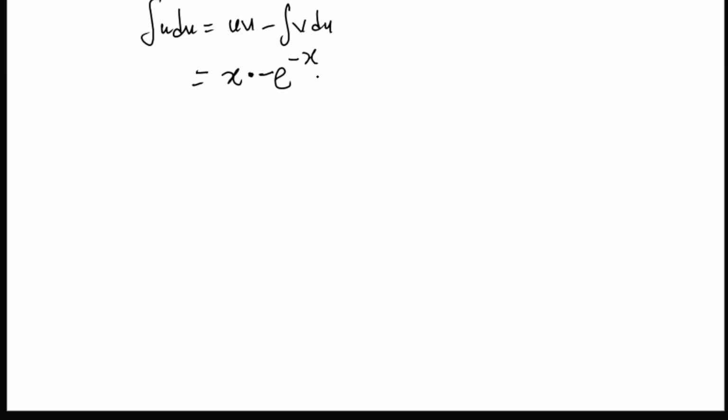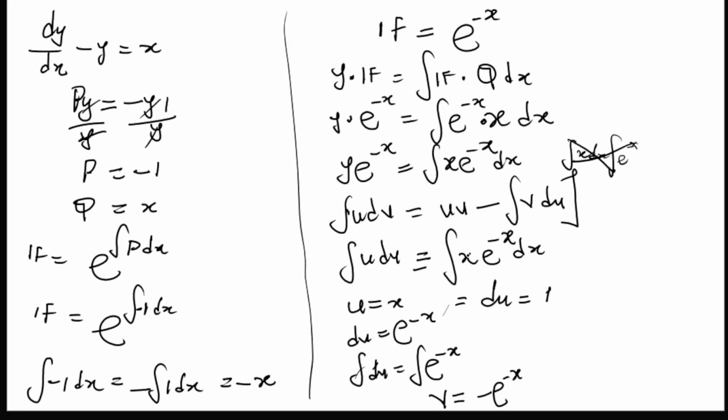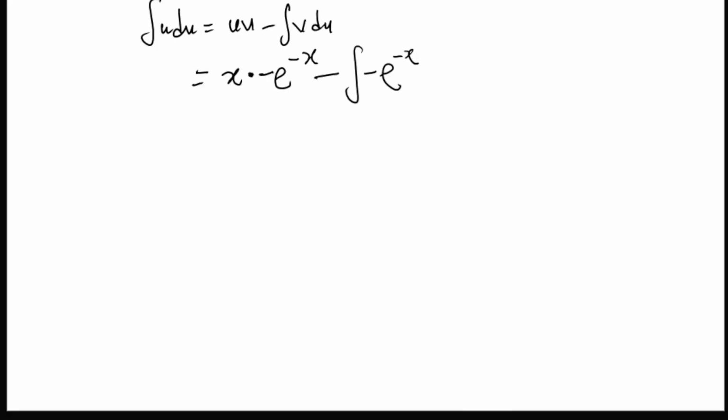The minus here will come, then we now have integral of, your v was what? Minus exponential minus x, and your du, we had our du to be equal to what? 1. Are we together? So if you have your du to be 1, we represent your du here to be multiplied by 1. What's the next thing?